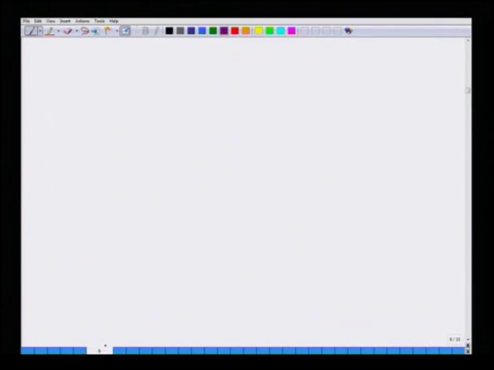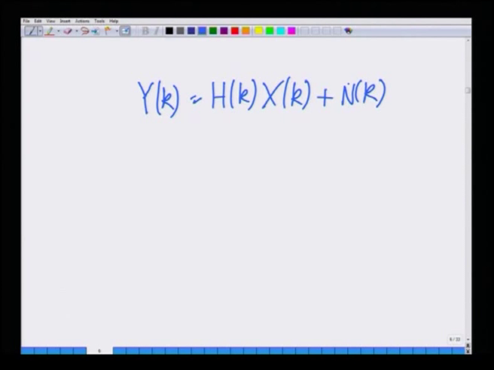Now, I just need to mention a little bit about this detection block. What is this detection block? Remember, across each subcarrier we have the following relation. yk is the received symbol, hk is the channel coefficient across the kth subcarrier, xk is the transmitted symbol, and nk is nothing but the noise across the kth subcarrier.